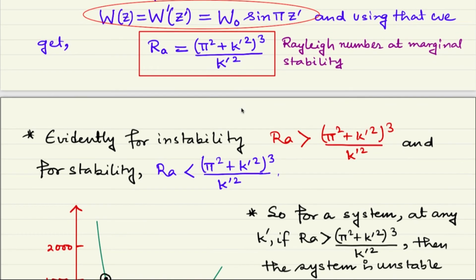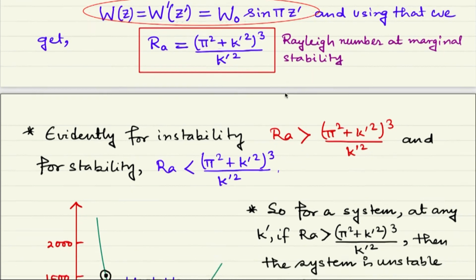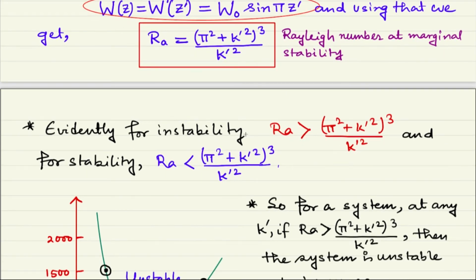Now evidently we know that for instability, Ra must be greater than this, which is the Rayleigh number for the marginal instability. As I said, when the Rayleigh number goes larger and larger, the system can be subject to more and more instability.